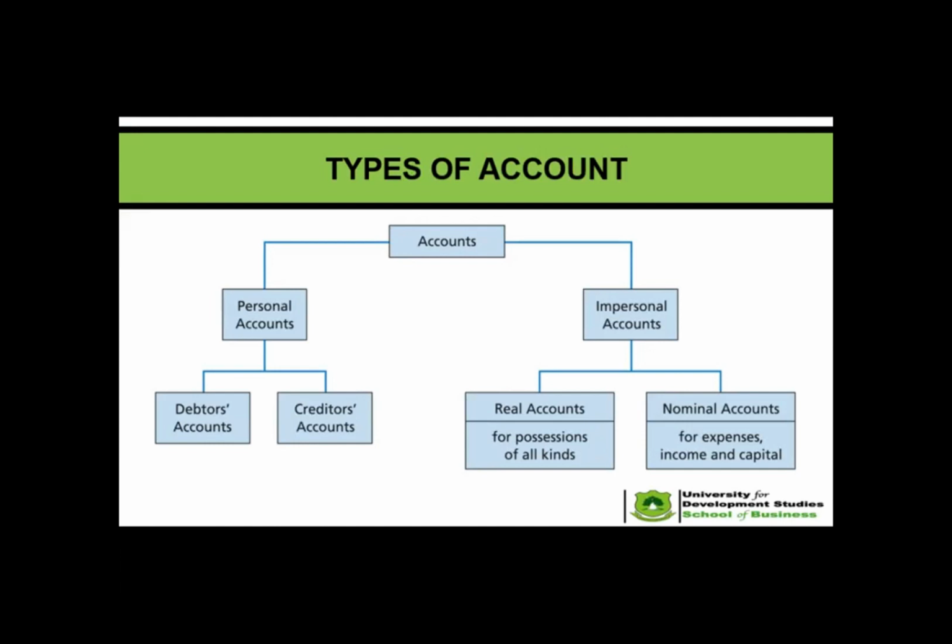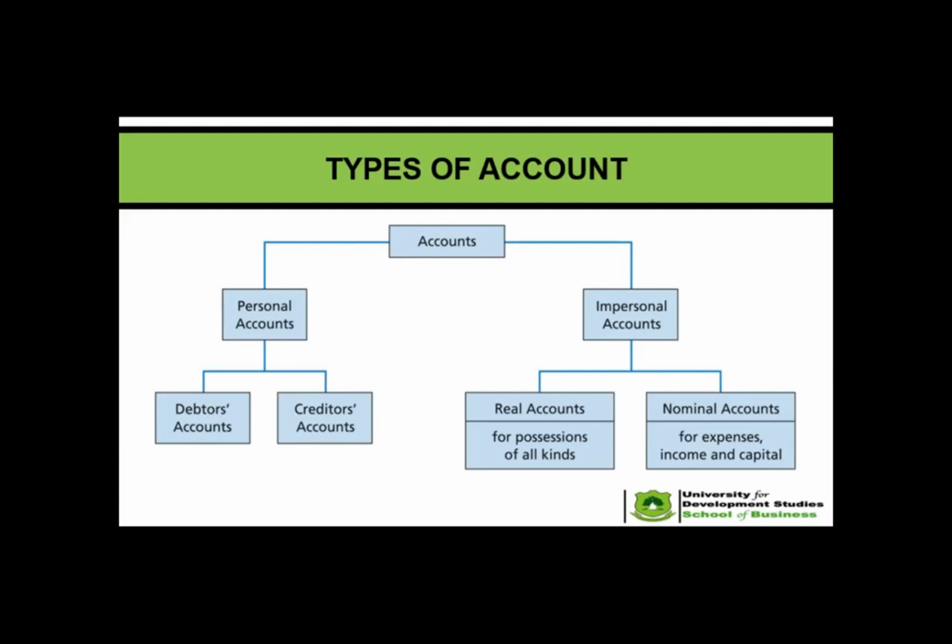When it comes to impersonal account, we have real account and nominal account. Nominal accounts are accounts that appear in name. They exist in name, but not in nature. Are you okay? These are nominal accounts.